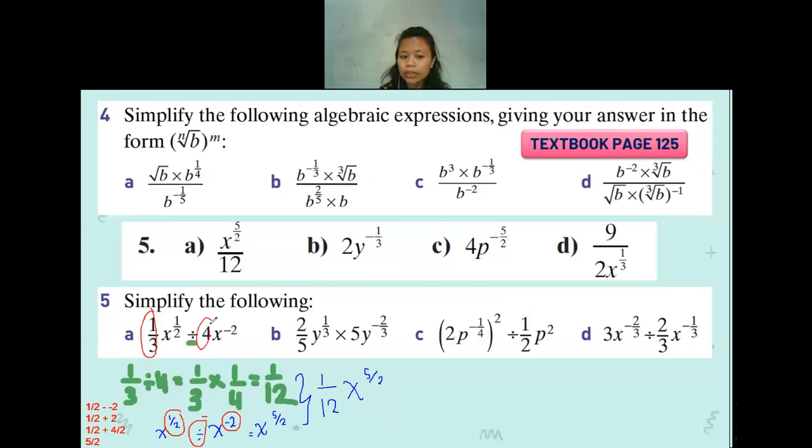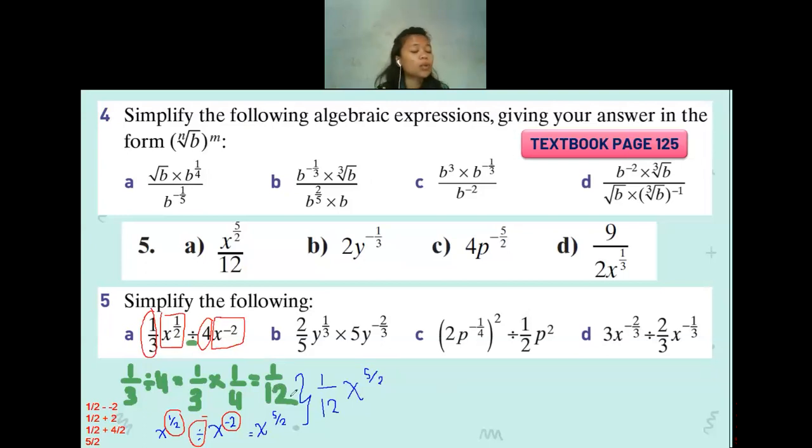Numbers, numbers, and letters. So now because we do it one by one, we simplify the numbers first and then we simplify the letters. We have to combine them again because the question has numbers and letters combined together.